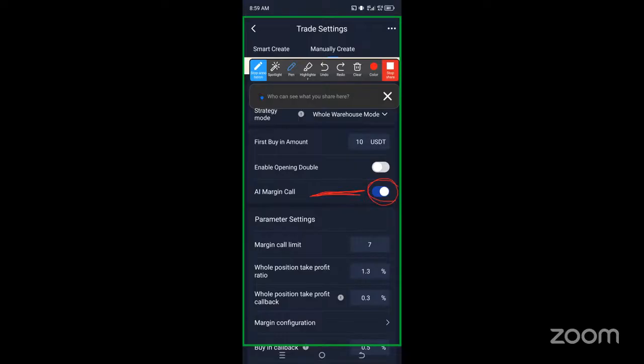But when you close this one, only what you have set will be done. The robot will not apply its intelligence at all. When the price reaches this, it will buy. But when you open it, it will go through the setting you have done, and it uses its intelligence as well to see if it is the right time to enter.